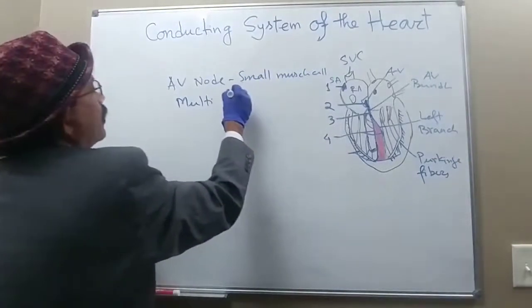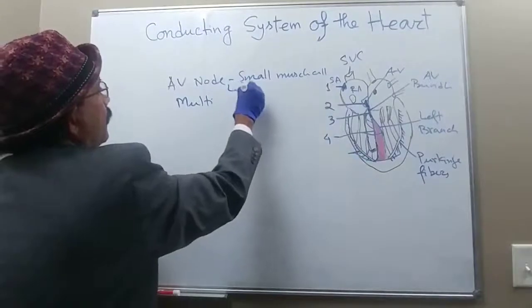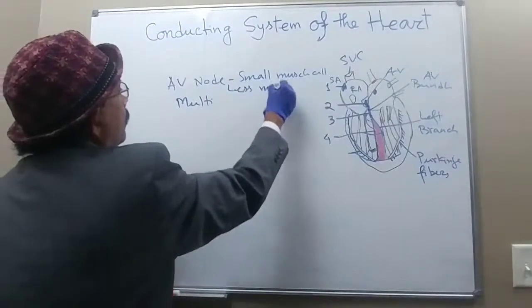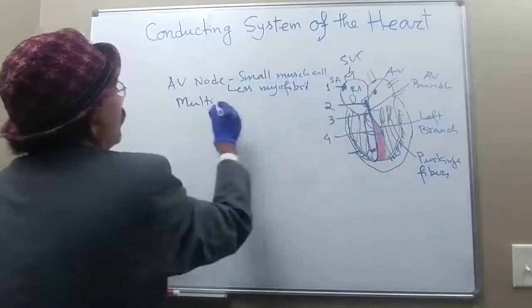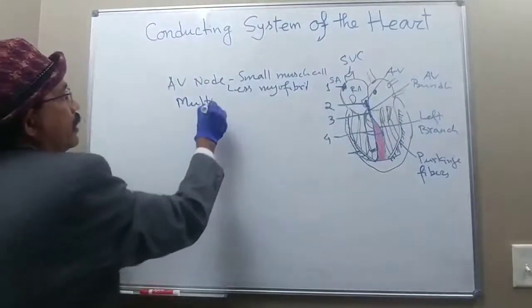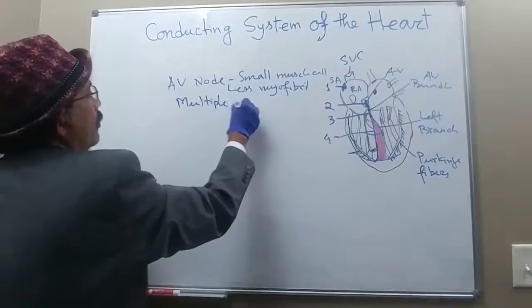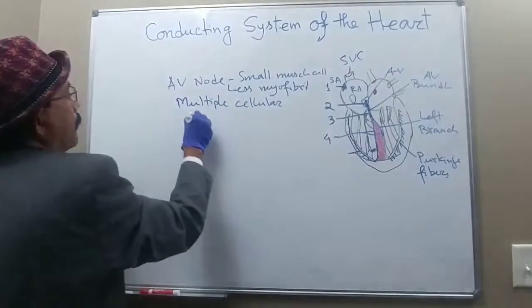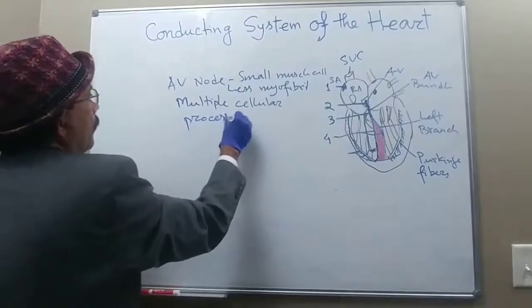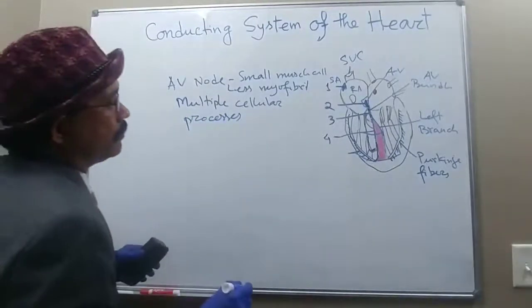Okay, small muscle cell, less myofibril. Then we get multiple cellular processes. Okay, AV node.